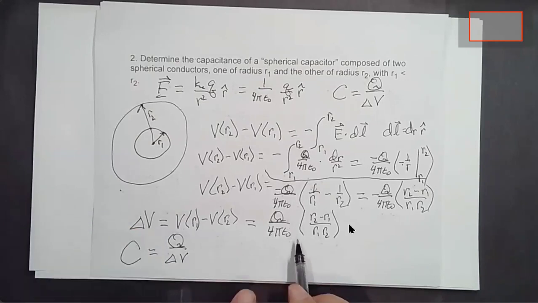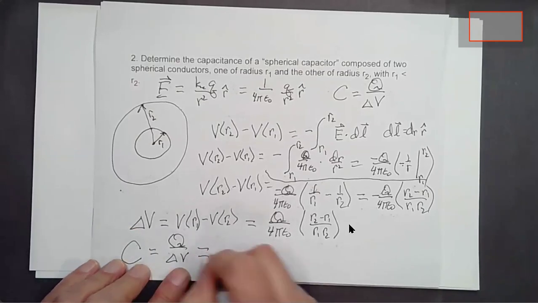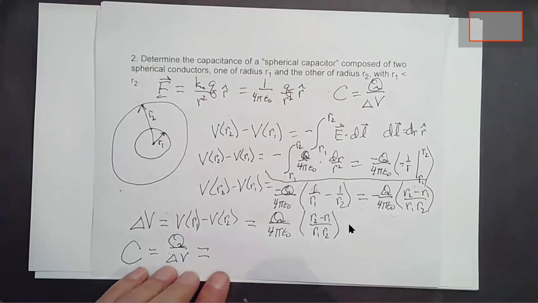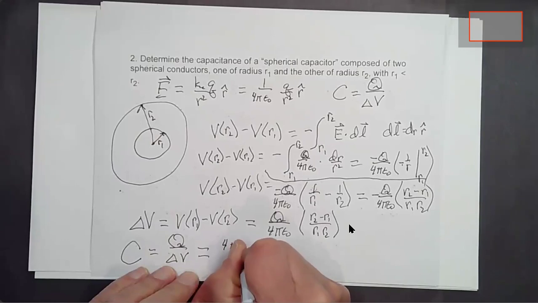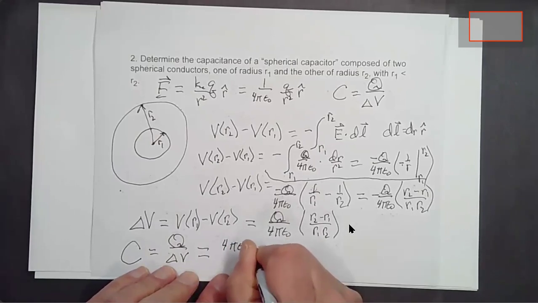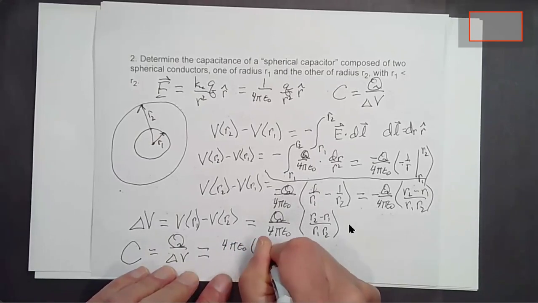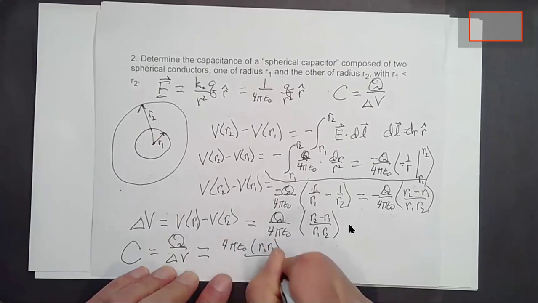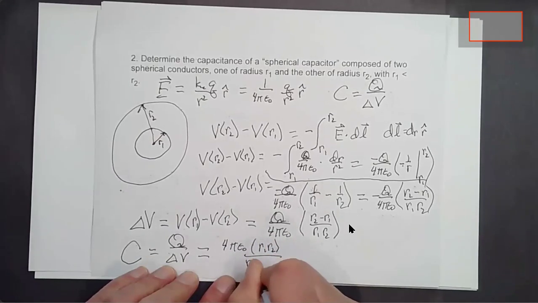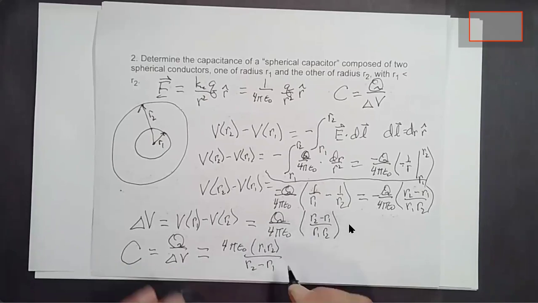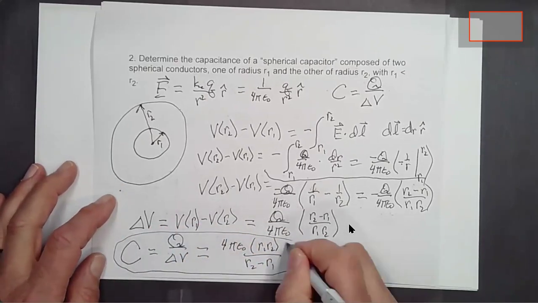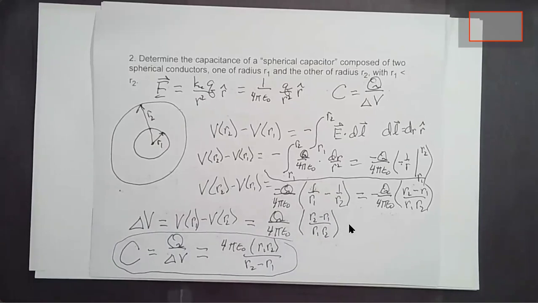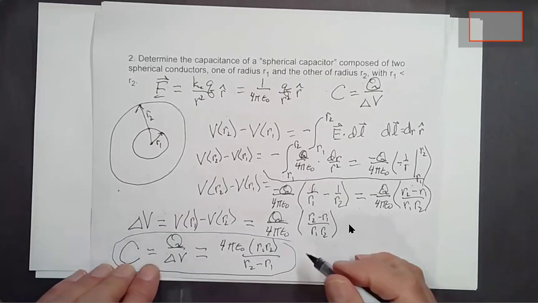If I solve for that in this expression, it's a little bit of algebra, but I'll end up with 4 pi epsilon naught times R1, R2 over R2 minus R1. And this is the capacitance of a spherical capacitor. So that's just kind of neat.